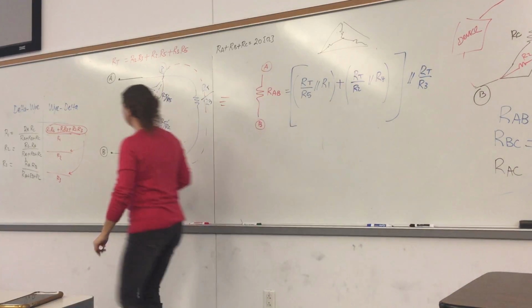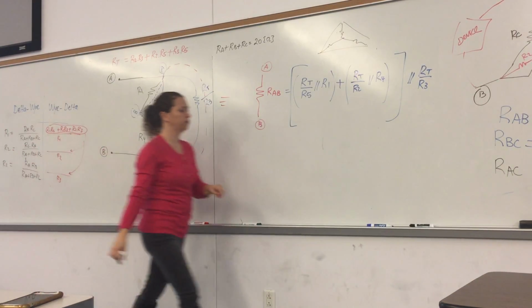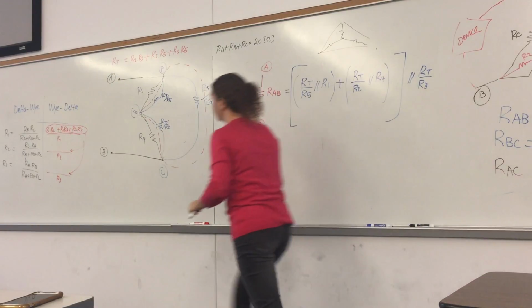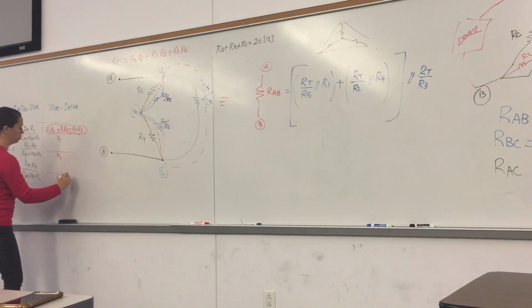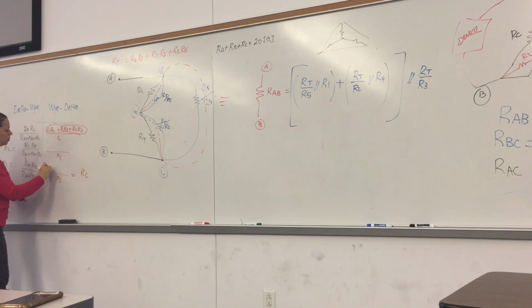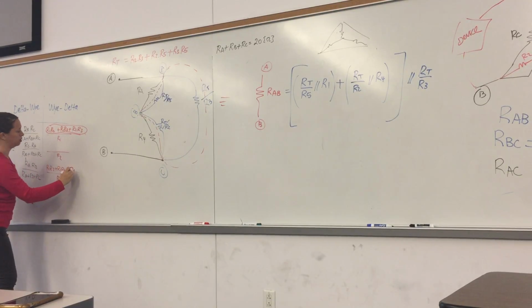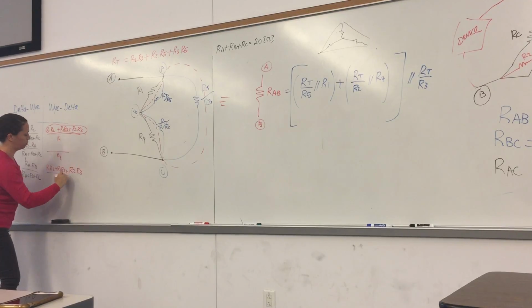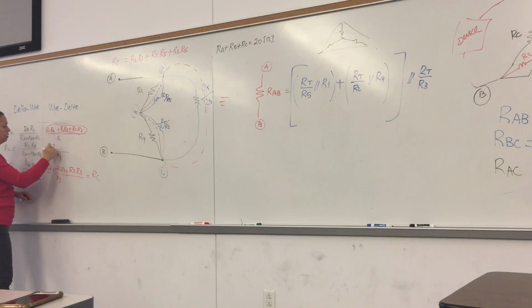So your RC is equal to, so this is RC, where you have R1 R2 plus R1 R3 plus R2 R3, so I ended up writing all equations. RC, and what is going to be the resistance divided by R2?